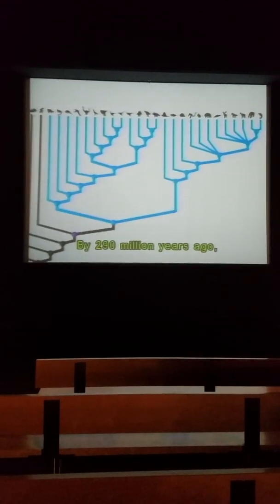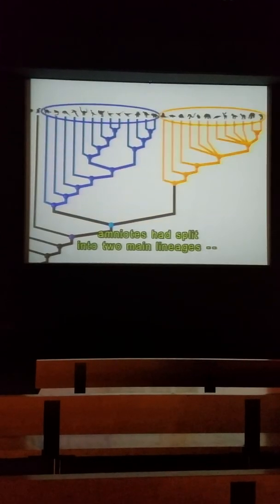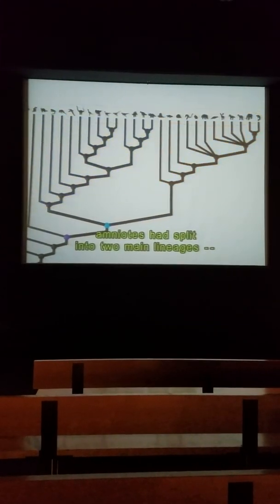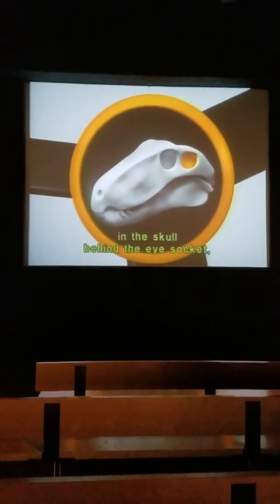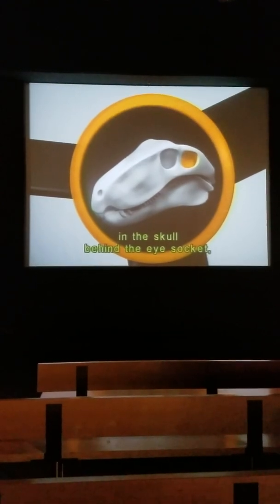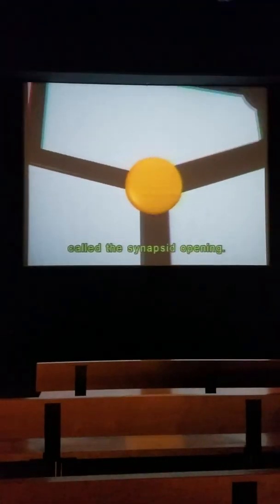By 290 million years ago, amniotes had split into 2 main lineages. One is identified by a single hole that evolved in the skull behind the eye socket, called the synapsid opening. It was mammals and their now extinct relatives, all called synapsids, that descended from this ancestor.